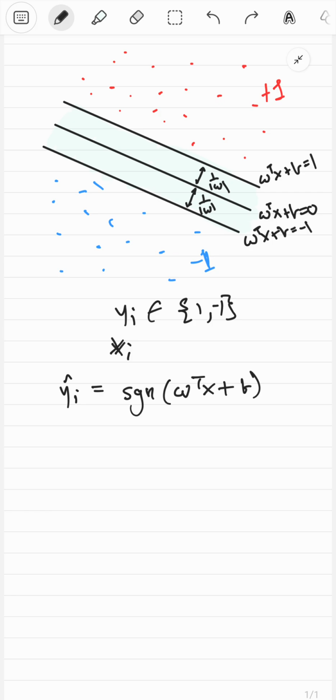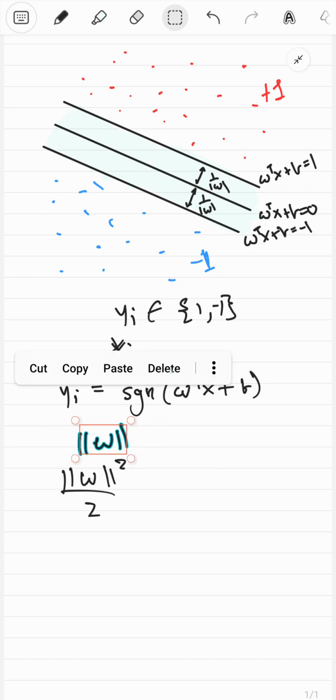Maximizing that is pretty much the same as minimizing the norm of omega squared upon 2. I'm adding the upon 2 because it's convenient; that's pretty much the only real reason, but you could view it in some other way as well.